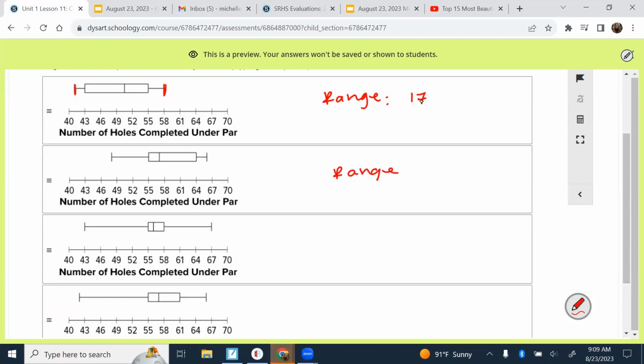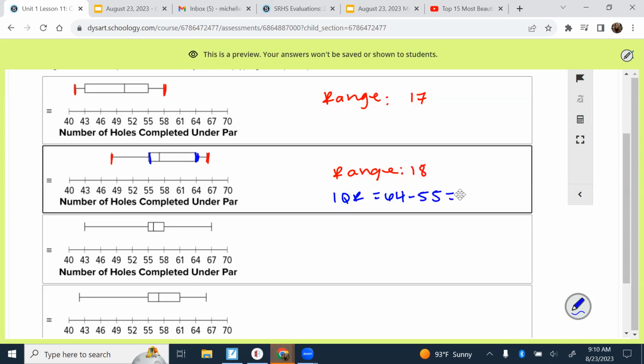And then over here, this range goes from about 48 to 66. What is 66 minus 38? Yes, 18, so similar ranges. I'm doing mental math, so I might be off by one. And then when we look at the IQR or the box, the one that is less spread out, if I did the IQR for this one, 64 minus 55, nine.